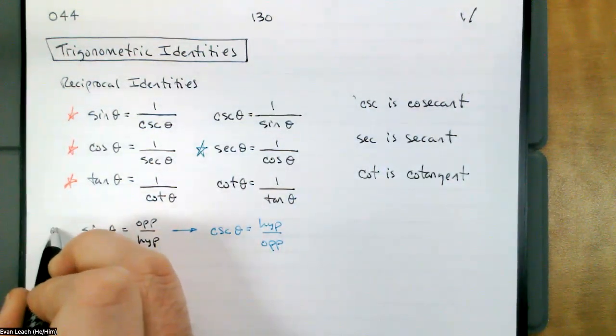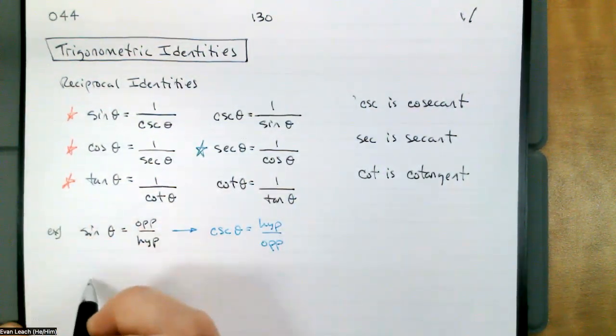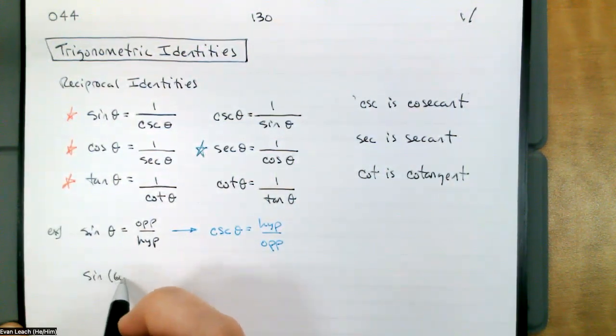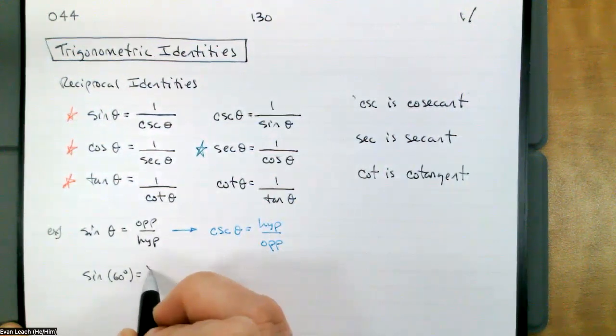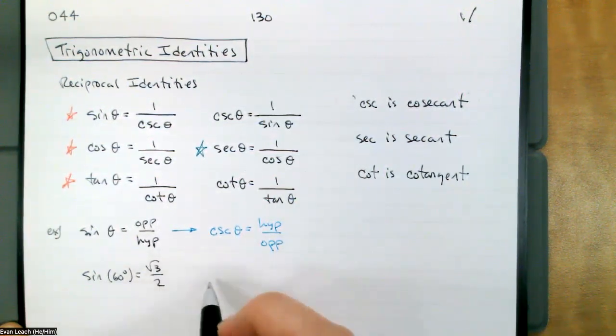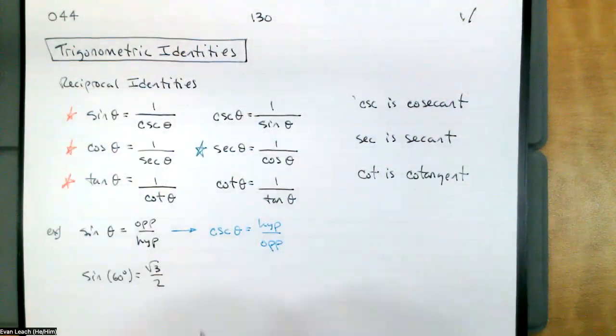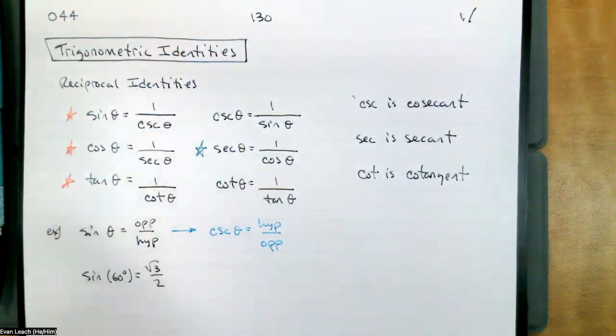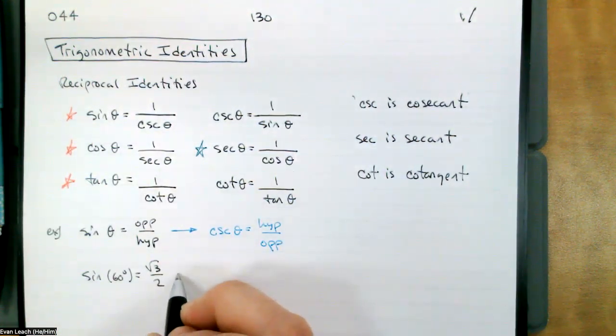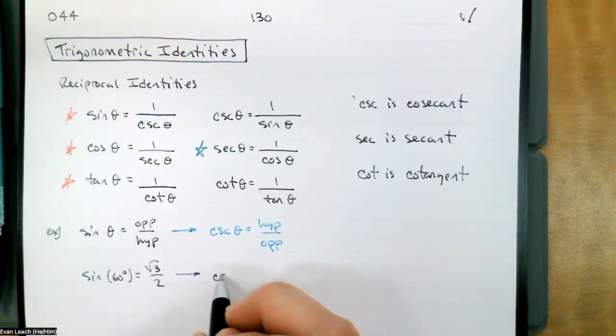Furthermore, if we have a piece of information about a particular angle, say sine of 60 degrees is √3 over 2, then we can use this to find the cosecant of 60 degrees with the reciprocal.